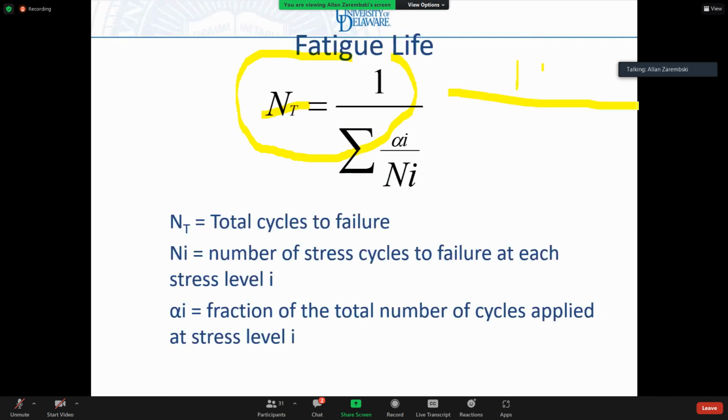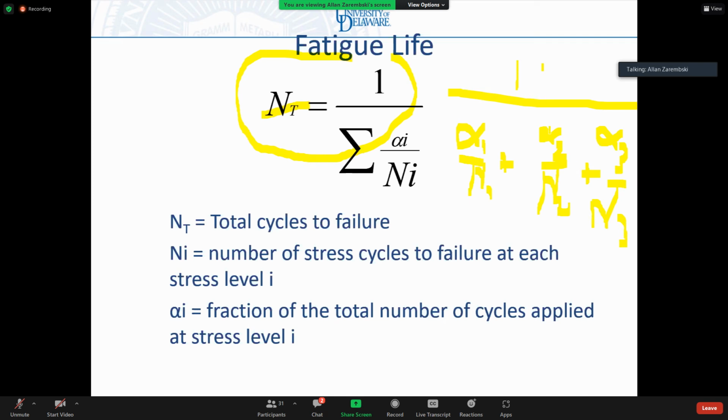So I'm sure you all remember that this is 1 over alpha 1 over n1 plus alpha 2 over n2 plus alpha 3 over n3, etc. If I have 7, it will go out to 7.